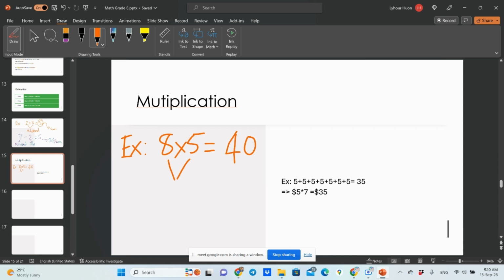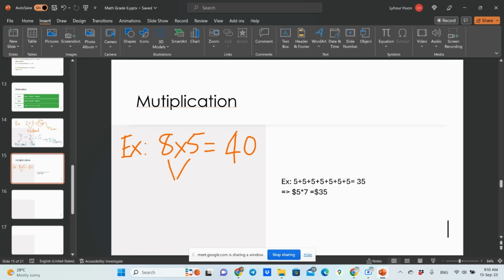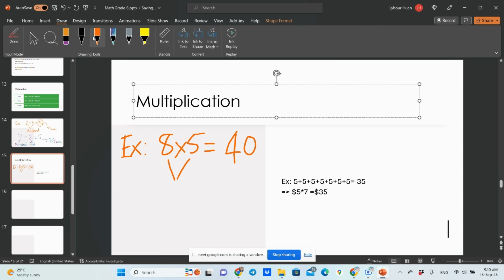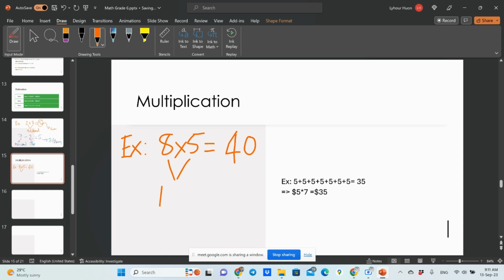Now, coming to multiplication, that is called factors. Yes, that's called factors.